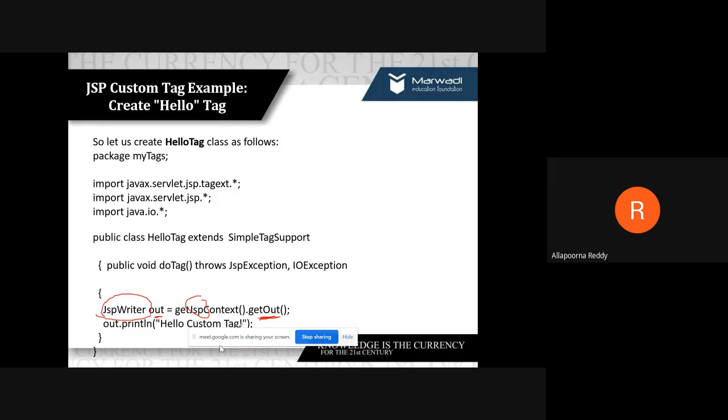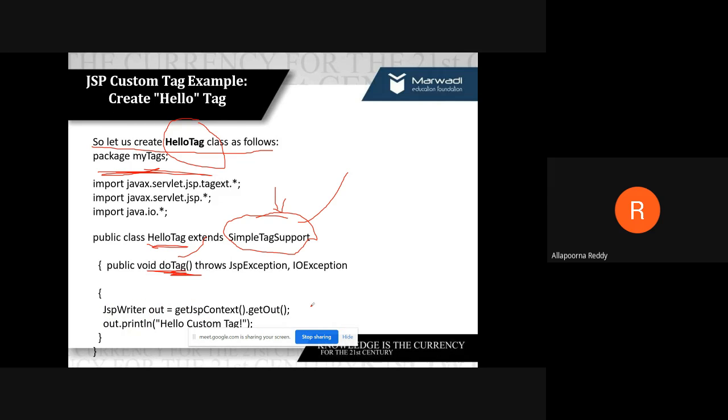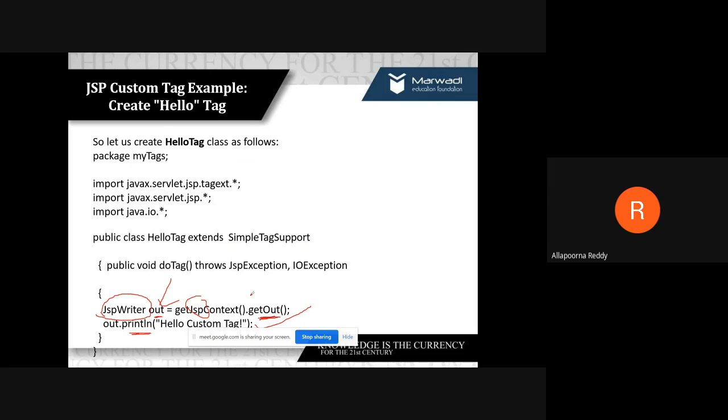And simply here we are printing a message with our object out. That out is going to use one method called the println method, and it prints the message Hello customized tag. So first, we need to get back the things using these two methods. And once you get back the things, we are going to print a message by giving hello. So both are the same.